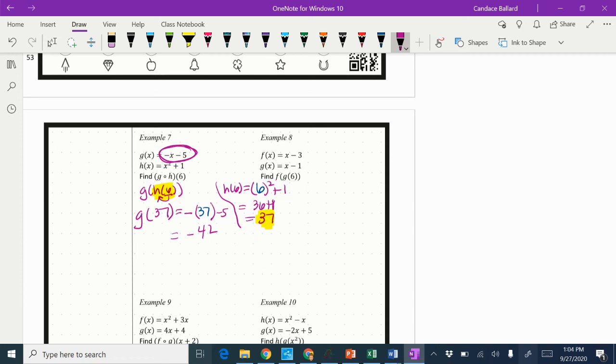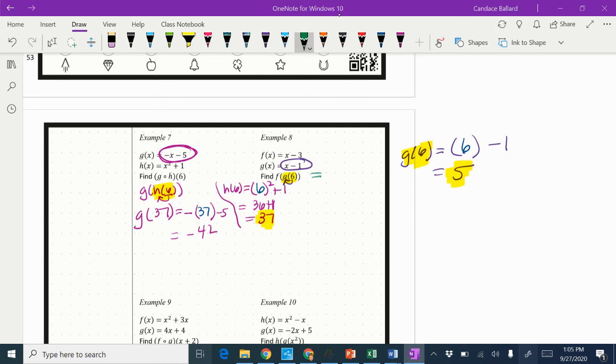Okay. All right, let's try another one here. So this is saying I'm taking 6 and plugging it into g first. So g of 6 equals, I'm going to take this function, put parentheses for my x, minus 1. Plug in my x value of 6. Okay. So 6 minus 1 is 5. I now know that 5 is the same as g of 6, so I'm going to substitute that in here.